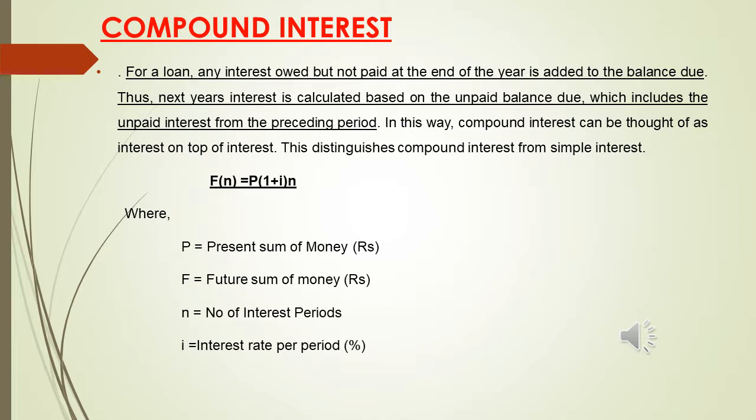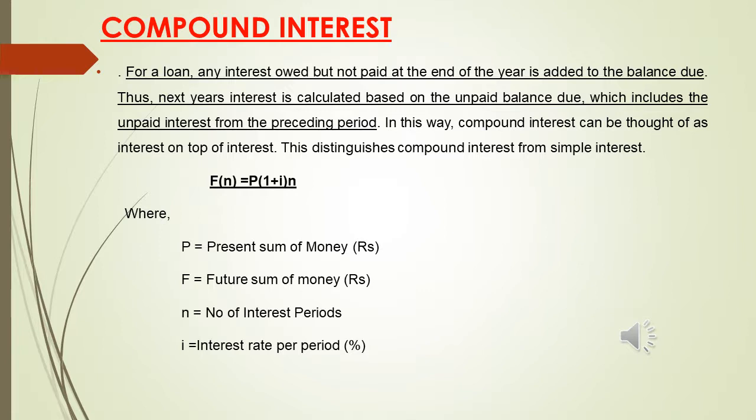Thus next year's interest is calculated based on the unpaid balance due, which includes the unpaid interest from the preceding period. In this way, compound interest can be thought of as interest on top of interest. This is how it differs from simple interest.